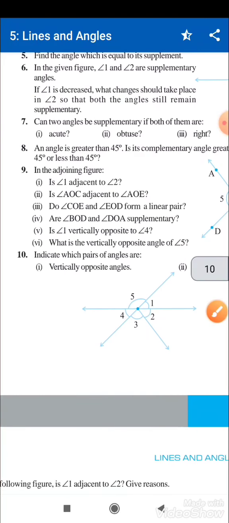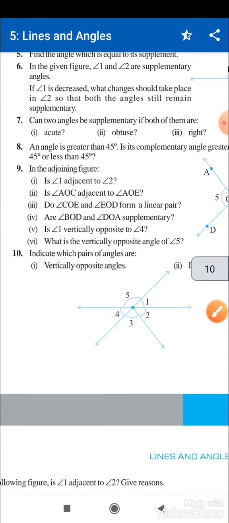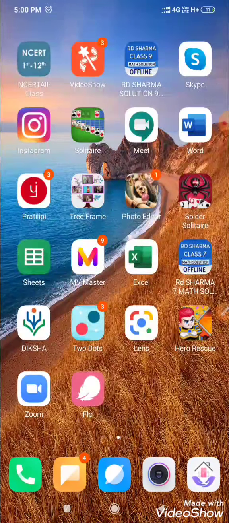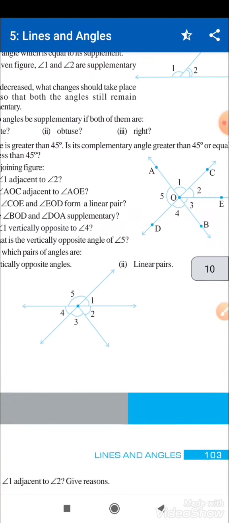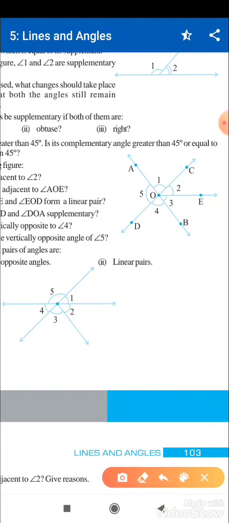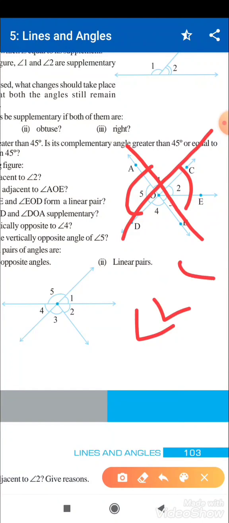Now our last part of this question is: what is the vertically opposite angle of angle 5? It is clear from the figure that the vertically opposite angle for angle 5 is angle 2 and angle 3 in combined form. So the vertically opposite angle of angle 5 is angle 2 and angle 3.